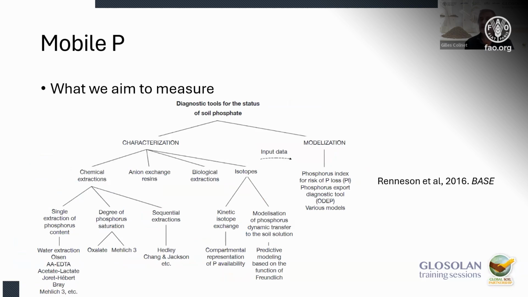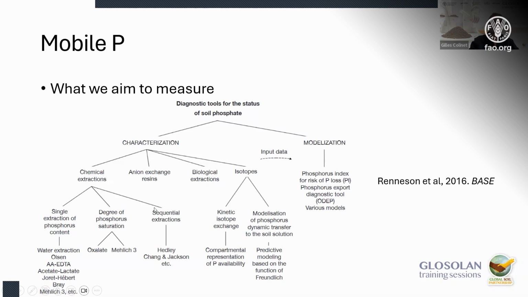So I was promoter of a PhD student some years ago, who was working on the issue of phosphorus mobilization in the soil. And she made a review about the tools to evaluate the status of soil phosphorus. There are tools for modelization, but also tools for characterization.